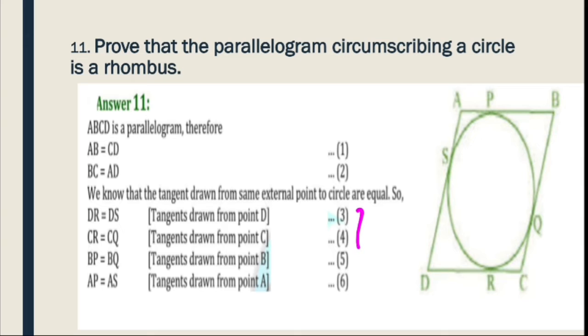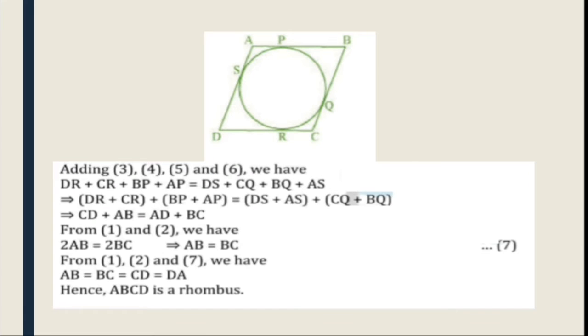Now you will add these 4 equations. If you add these 4 equations, you will get this expression. Take DR with CR, BP with AP, DS with AS, and BQ with CQ.